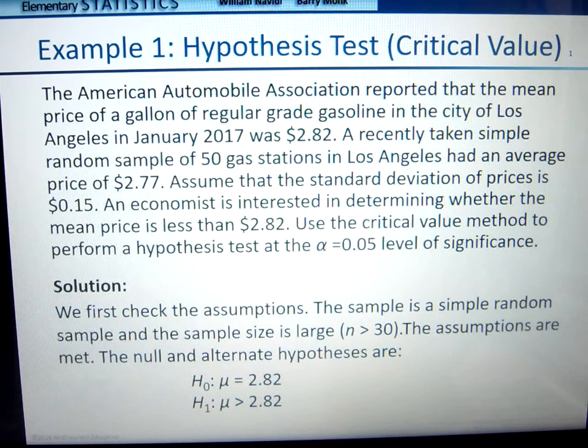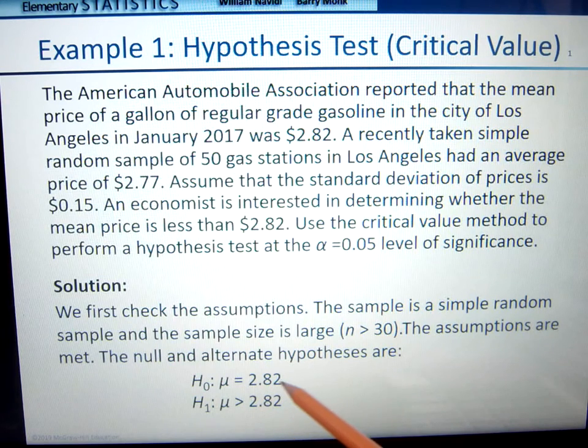The assumptions are met, so the null and alternate hypotheses are: the mean is 2.82, that's our null, and we want to see if it is greater than 2.82. That is what the economist is looking at. Actually, we want to see if it's less than, not greater than. This is another mistake. Oh, this is starting to get really annoying.